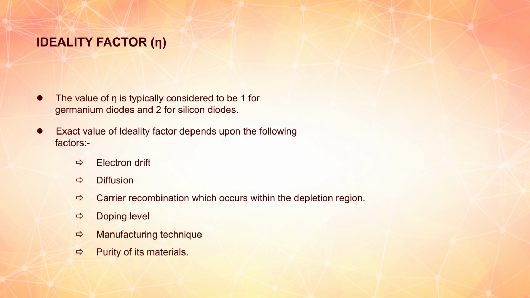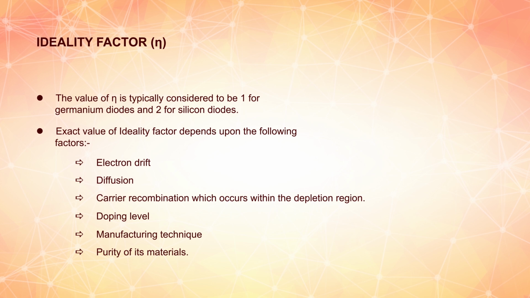The next factor is the doping level. As we have seen, the doping level, or the amount of impurity, also affects the working of the diode, so it is an important factor related to ideality factor.